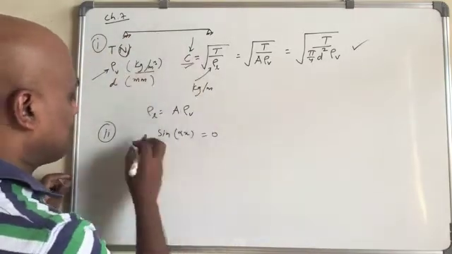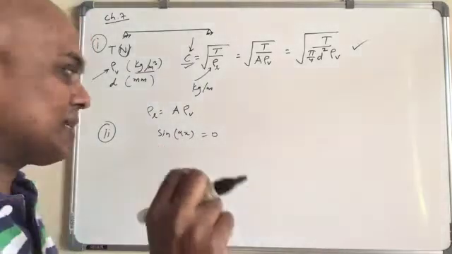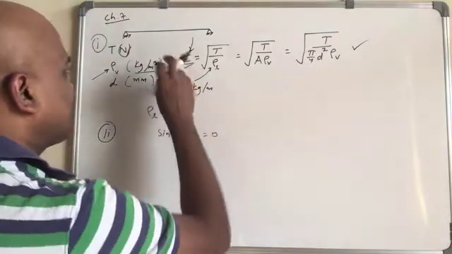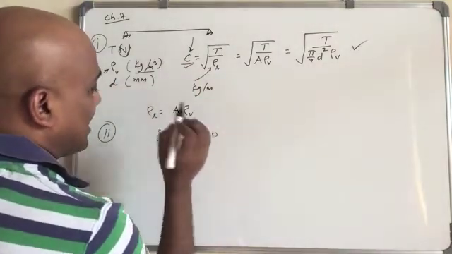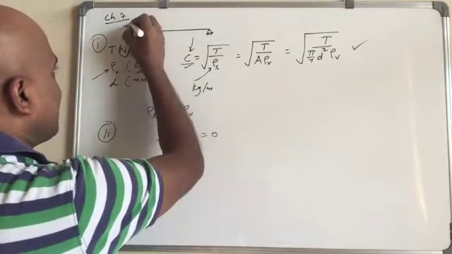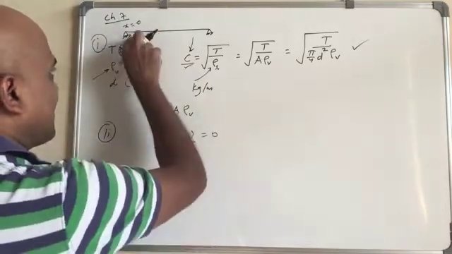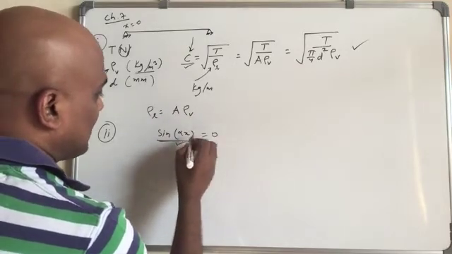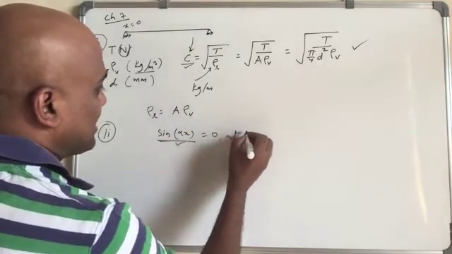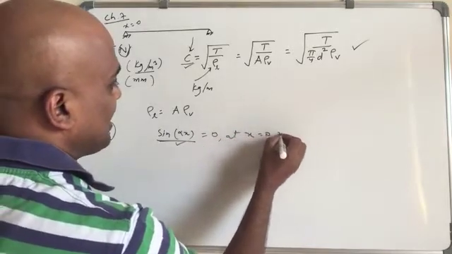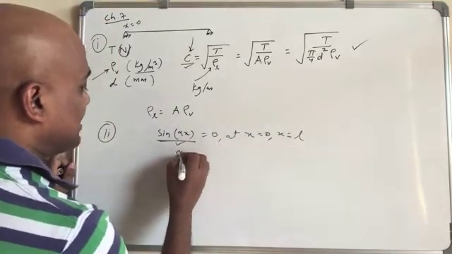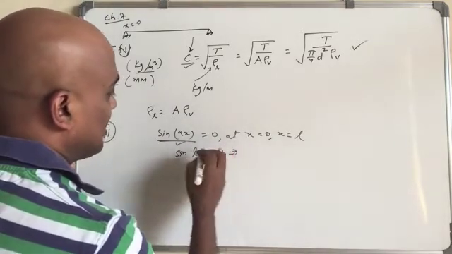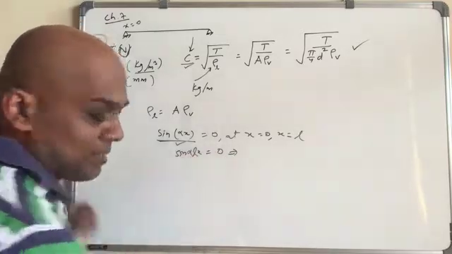We write the solution as P(x) times Q(x), and P(x) is of the sine alpha x form, because at x equal to 0, y equal to 0, and hence this is satisfied. It will be 0 at x equal to 0 and x equal to L, and hence sine of alpha L has to be 0, which is possible.